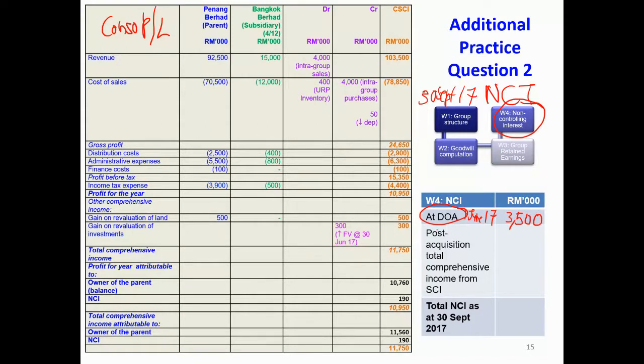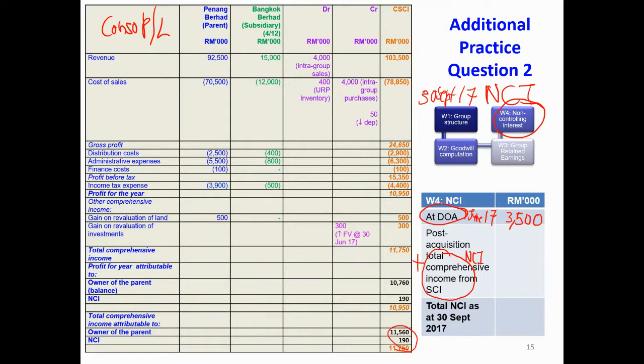Okay, your NCI, this is not the final figure because during the financial year, you actually calculate profit and you allocate total comprehensive income for NCI, right? So what you do is you have to add total comprehensive income from your statement of P&L or SCI. It has to be for NCI. So what is the figure?